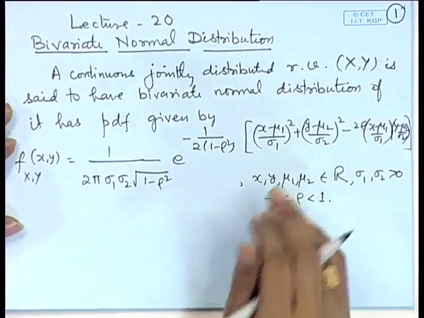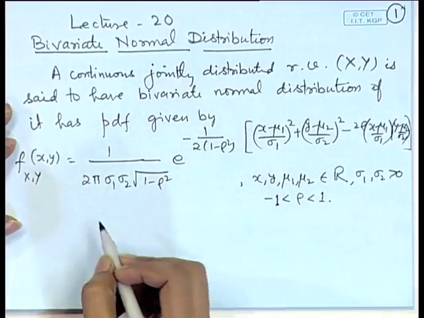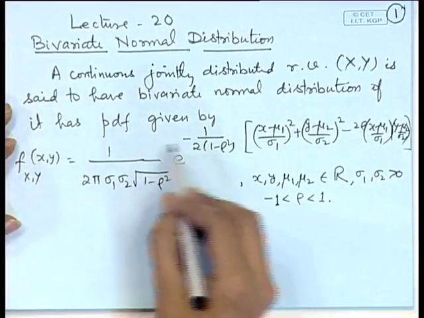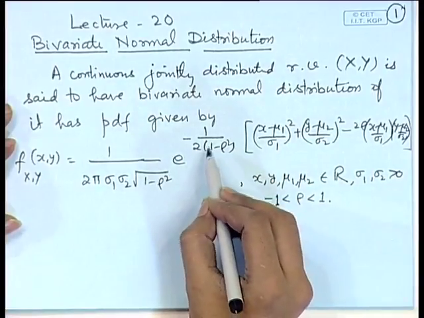So, first of all we look at the marginal distributions and the conditional distributions and the overall structure of this bivariate normal distribution that we would like to study. Suppose we want to find the marginal distribution of x. In that case, we need to integrate this joint distribution with respect to y.